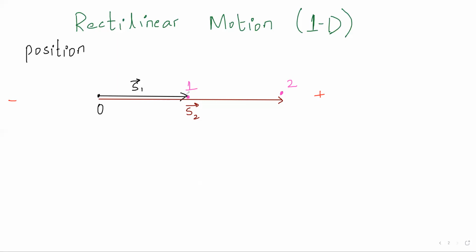Now, the point is here, the object is here at t1, the object is here at time t2. So just a quick remark, if anyone is interested in change in position delta S, then I think you already know S2 minus S1. That's easy. And you can call this displacement.